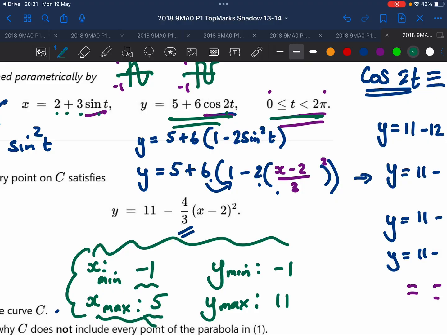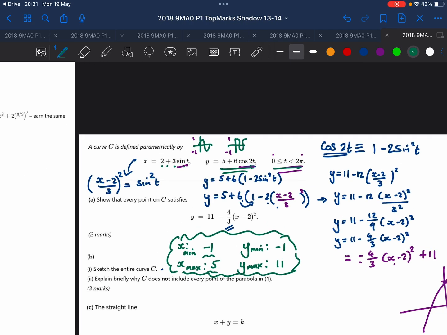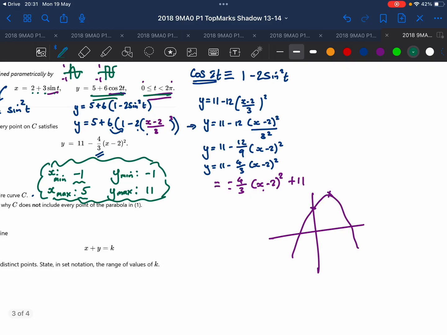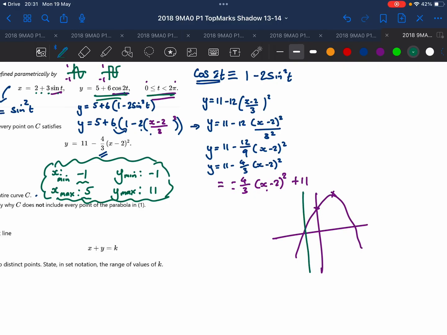So it's going to be like a negative quadratic, but it can only take place, let's do it with the eraser, really between -1 and, let's say, 5. I don't know exactly where these points are yet.